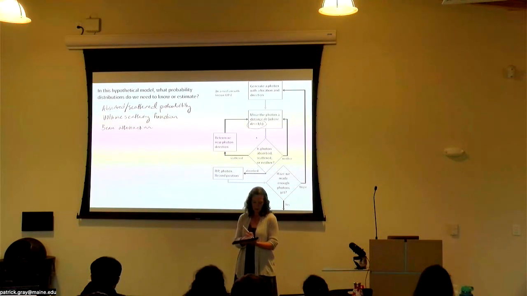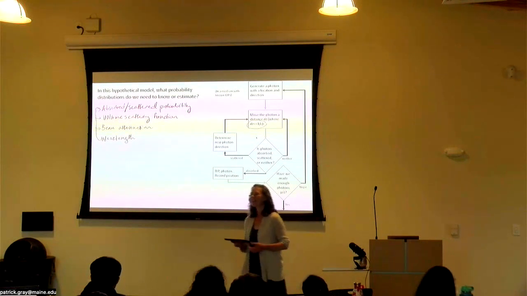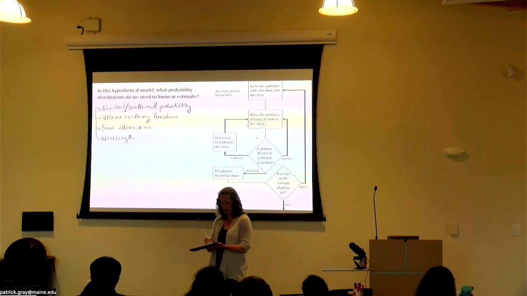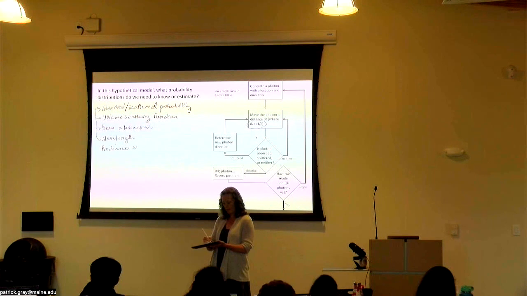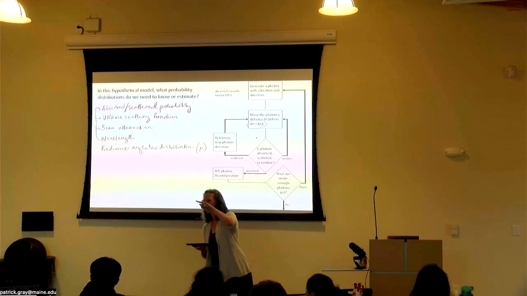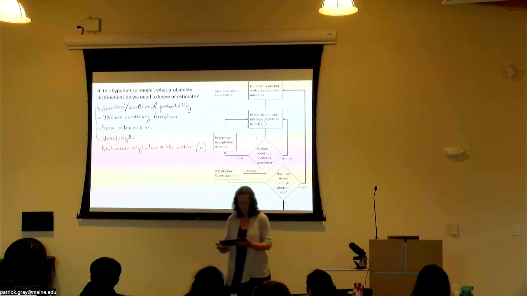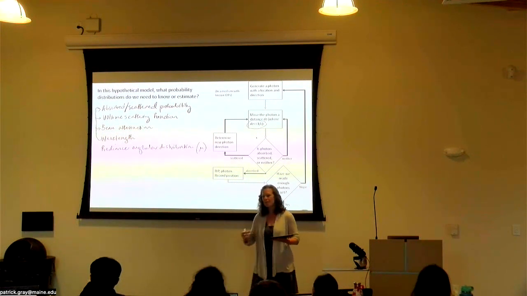Okay, so you can say wavelength. All of this you could just do at a single wavelength, but those are going to affect all of those. Mean cosine. Okay, so radiance, angular distribution. Same thing, direction. So direction of the light, maybe the distribution of the light.